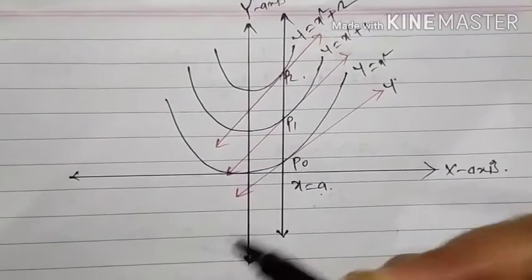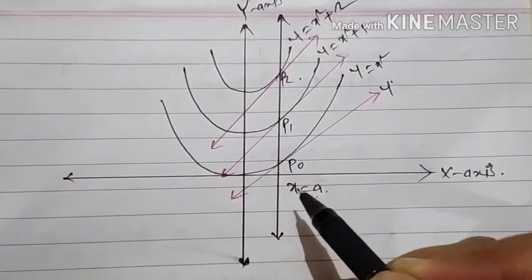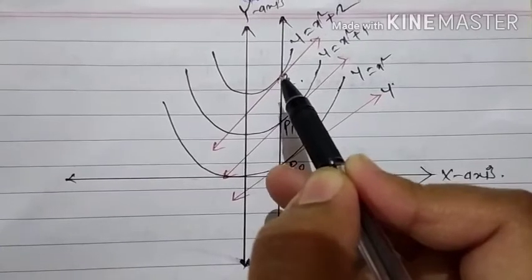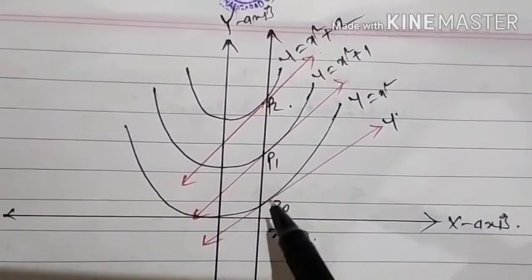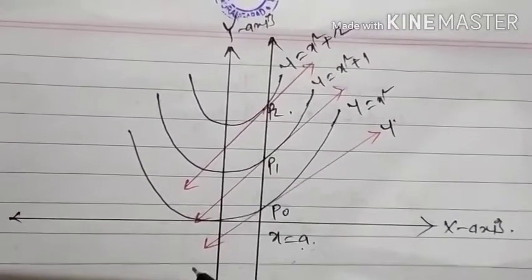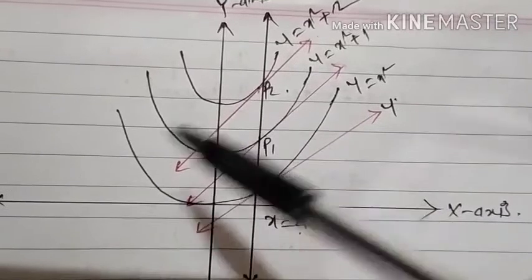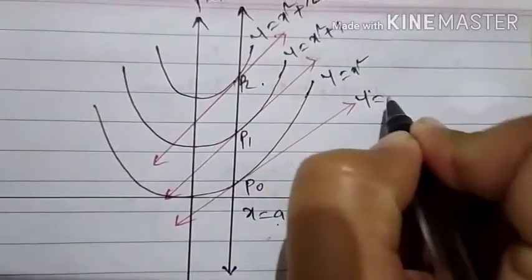So this implies that the tangents to the curves at x equal to a are parallel. At these points p0, p1, p2, all these tangents are parallel to each other.